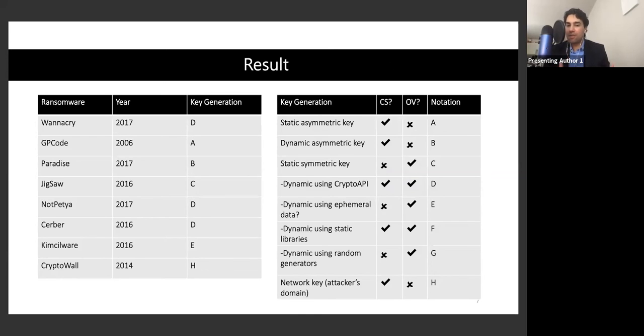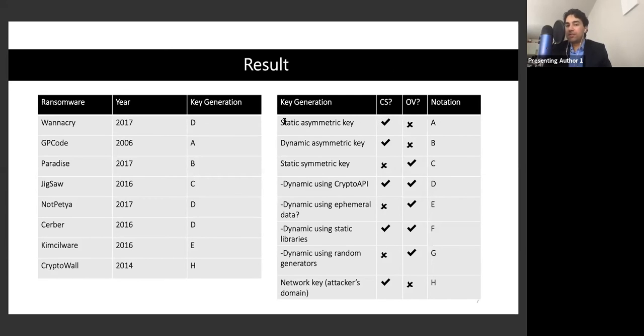Now that I've talked about some of these strategies, it's easy to imagine what kind of key generation they're employing under these strategies. The CS stands for, is it cryptographically secure, and the OV stands for, is it operationally viable?